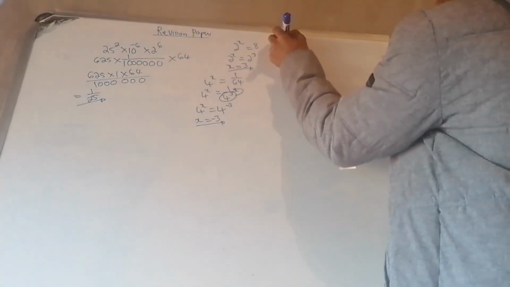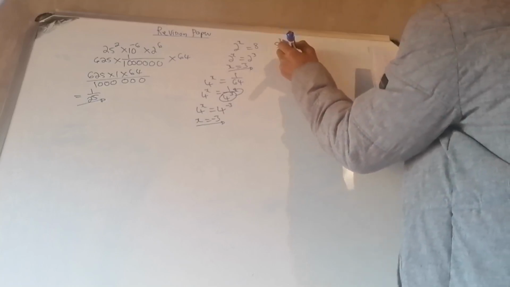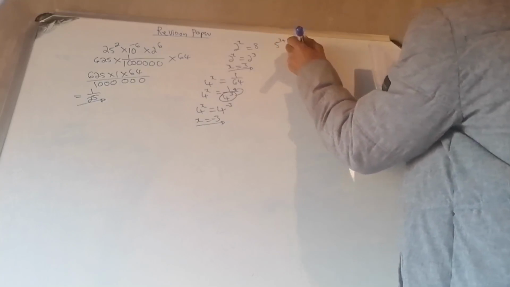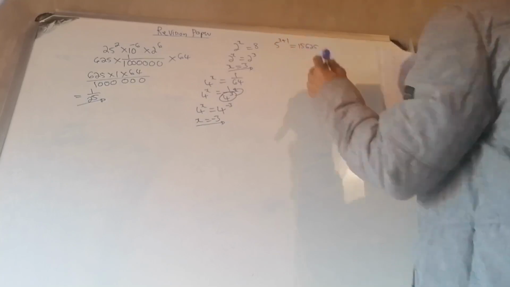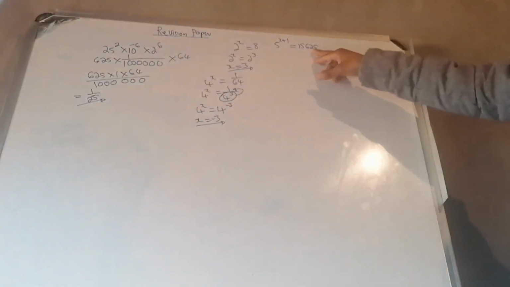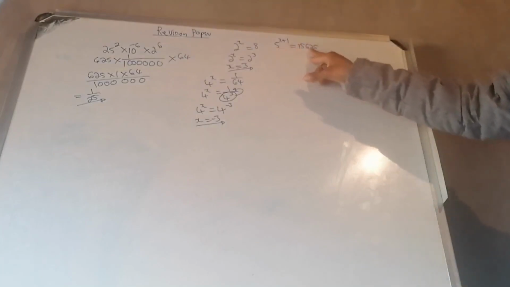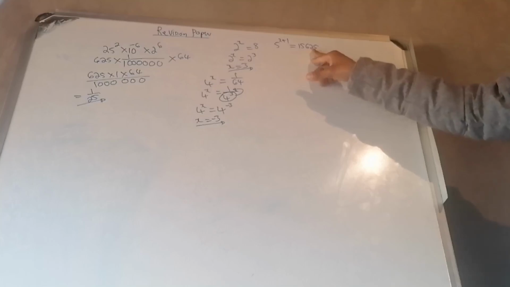The other one: 5 exponent of x plus 1 equals 15,625. So we must write 15,625 with base 5. Here we say 15,625 equals shift fact.